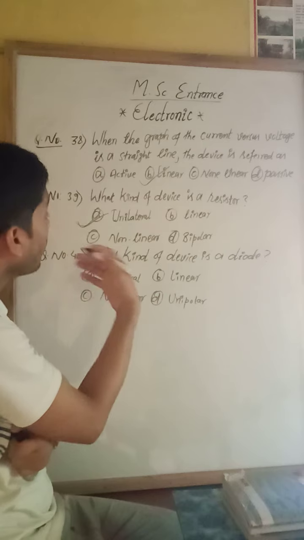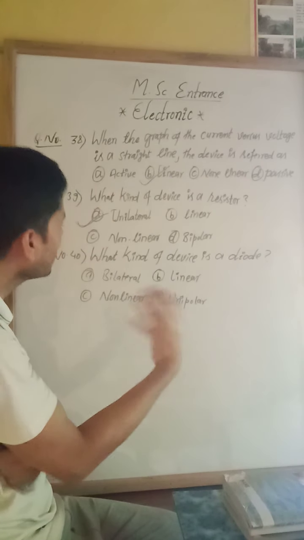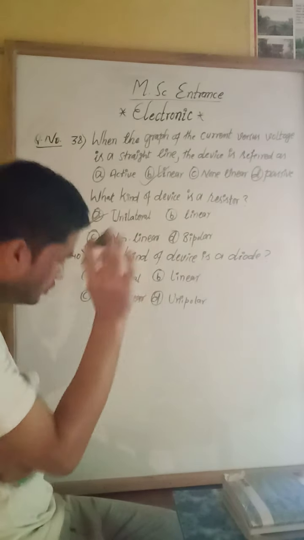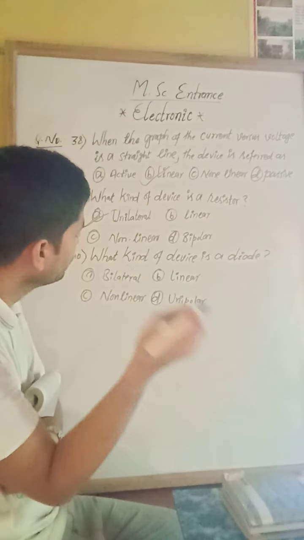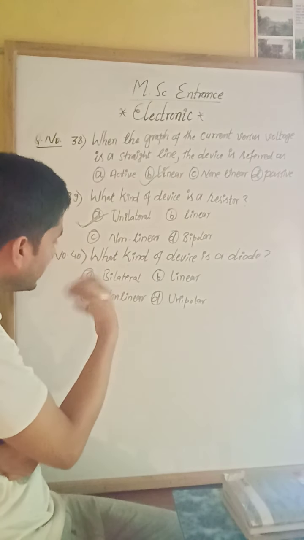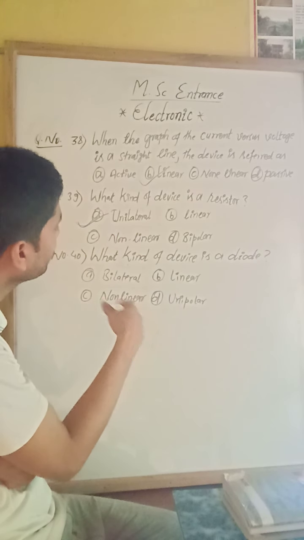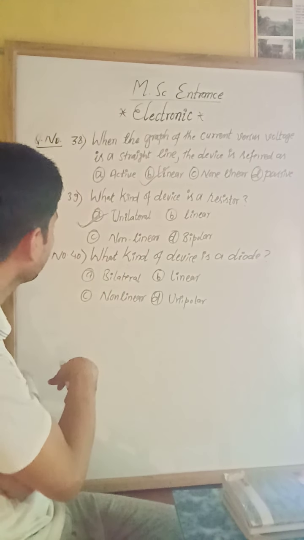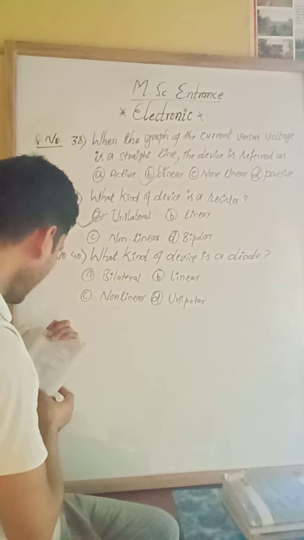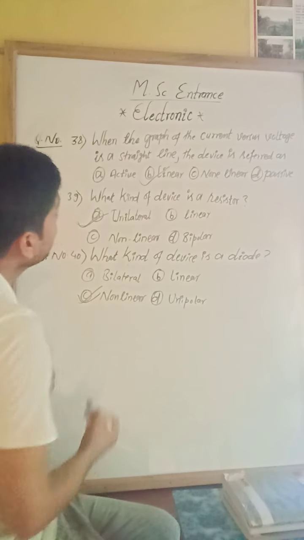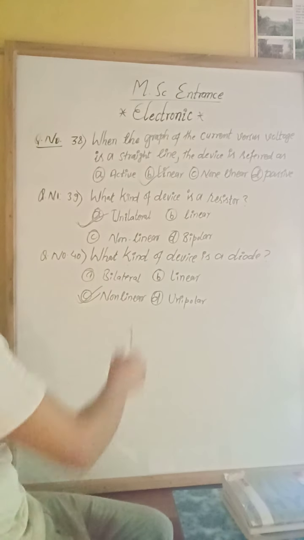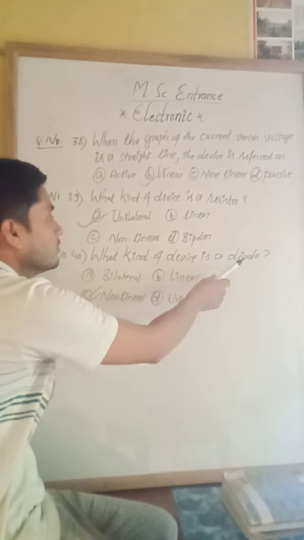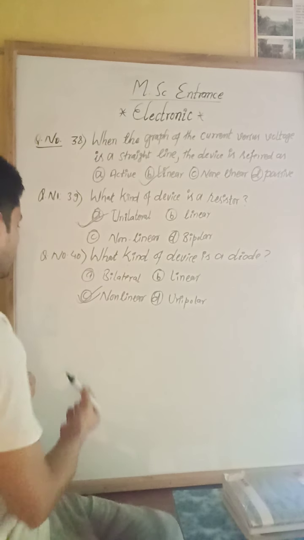Similarly, a diode may be bilateral, linear, non-linear, or unipolar. The right option is that a diode is a non-linear kind of device.